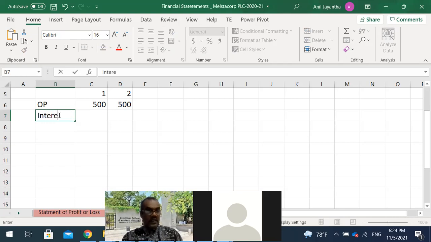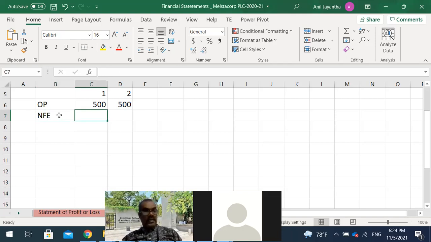Therefore, net interest expense, we'll use this standard. Actually, this is the net interest expense. We'll use the notation called net finance expense. Assume that that is 20. Here there is no such finance cost, since you have not borrowed.